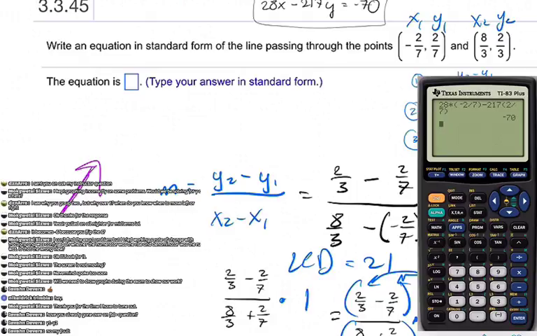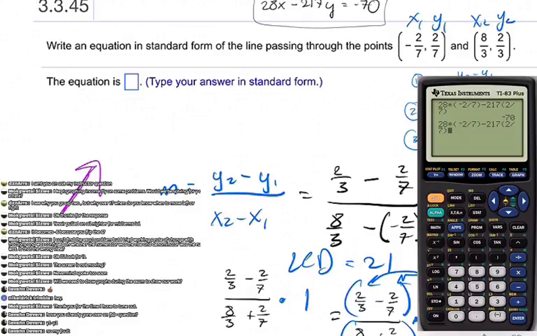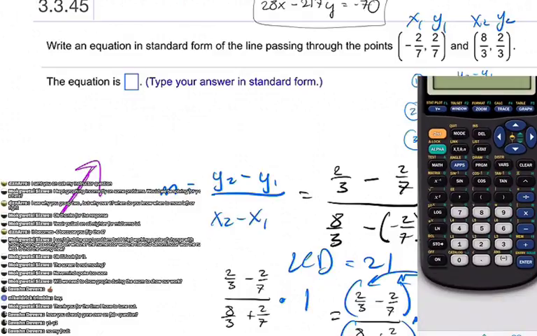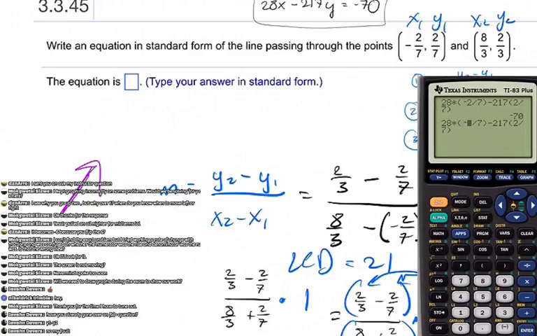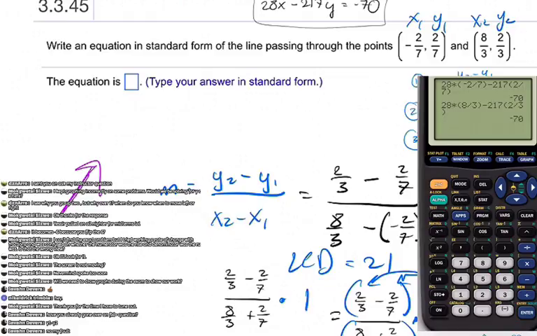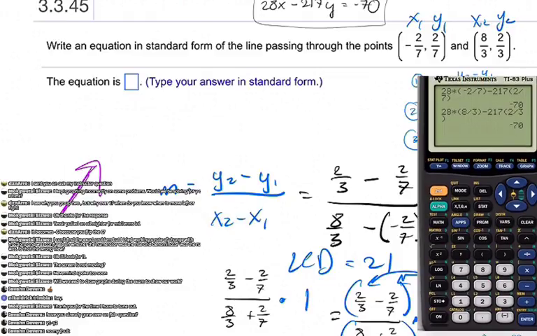Then we have to do the same thing with the other point. So the second one is positive 8 by 3. And then the y is 2 by 3. Okay, and we should get negative 70 again. Fantastic. Okay. So that was a little bit involved.